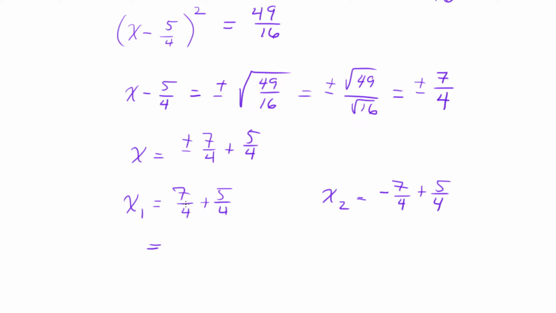This one equals, well, 7 plus 5 is 12 over 4. And x2, negative 7 plus 5 is negative 2 over 4. We can simplify this to be 3. We can simplify this one to be negative 1/2. And that will be your answer.